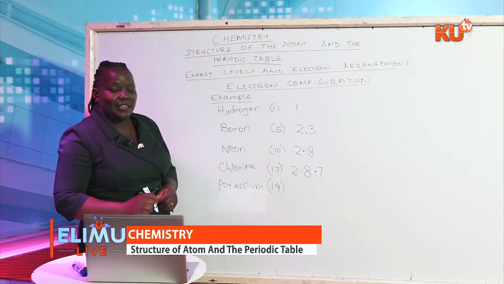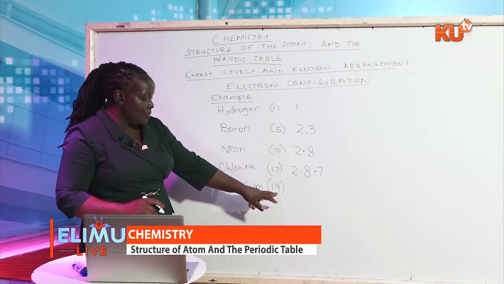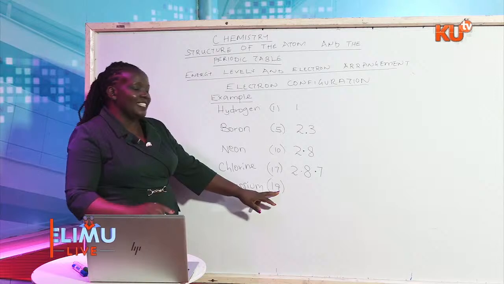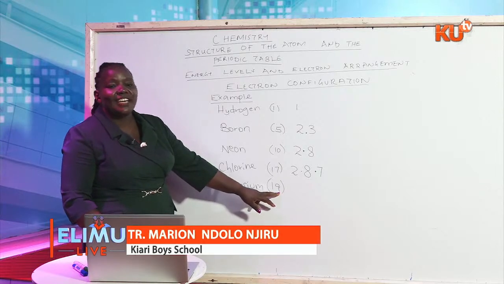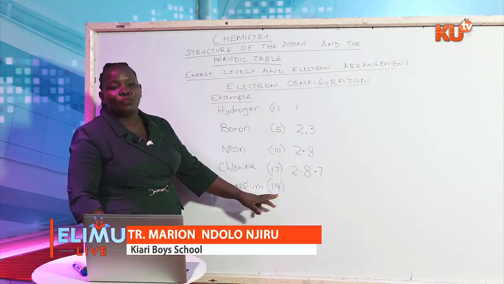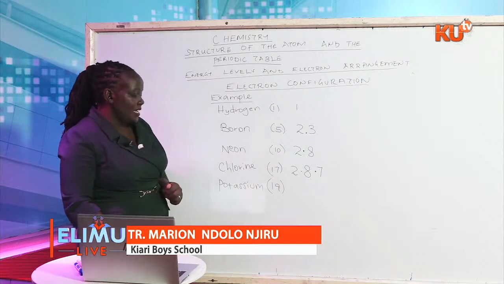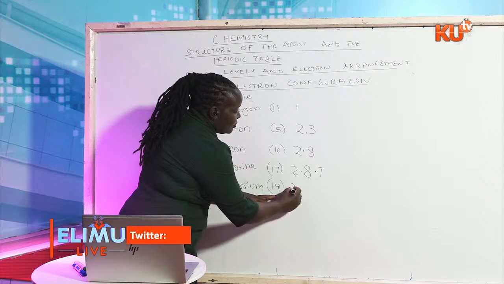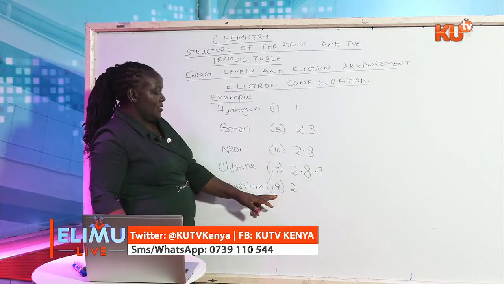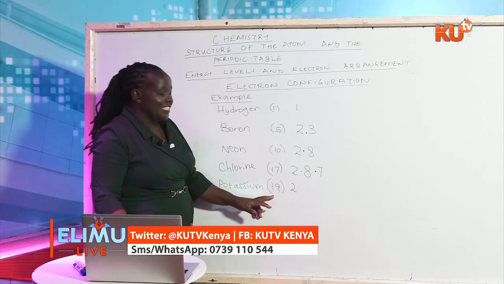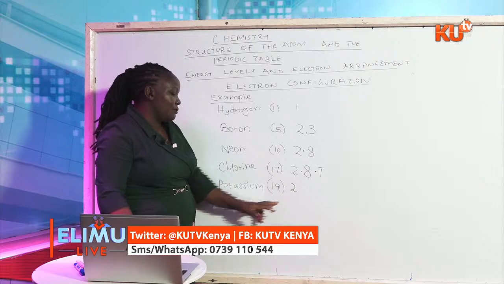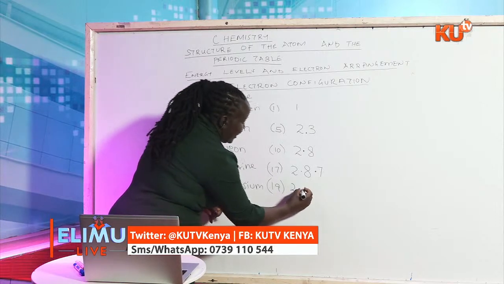Because of the number of electrons that we have, the third energy level, because it is in the first 20 elements, will accommodate a maximum of 8. So let us distribute these electrons. The first energy level will accommodate 2 electrons. When you subtract 19 minus 2, what are you left with? 17, correct.